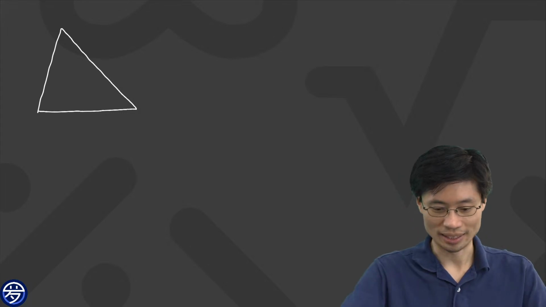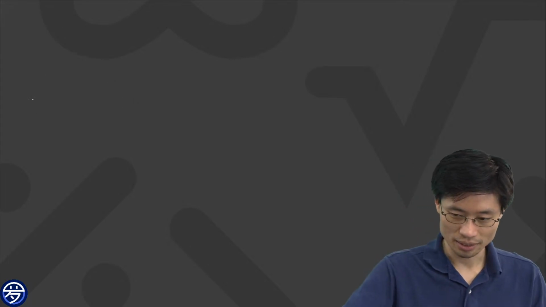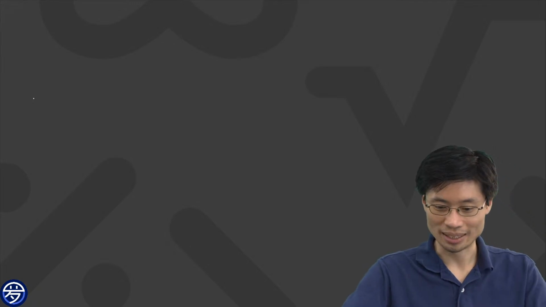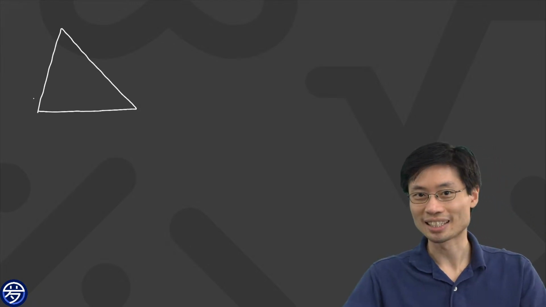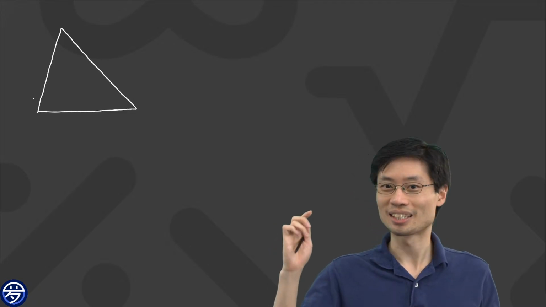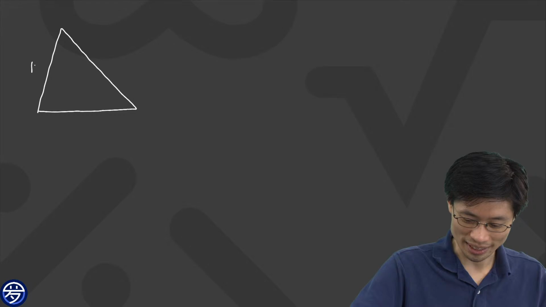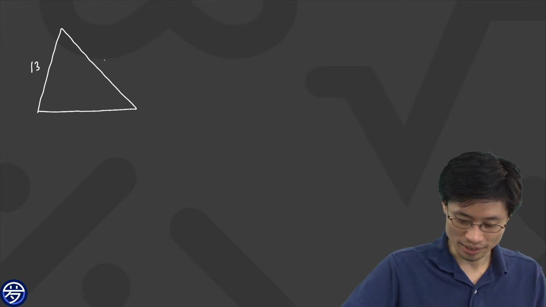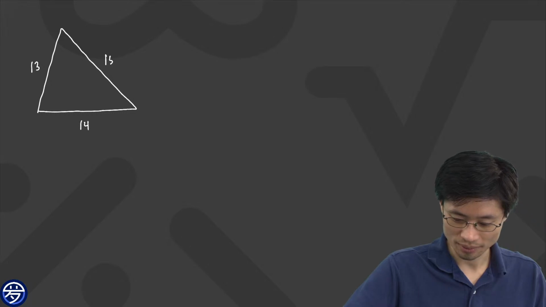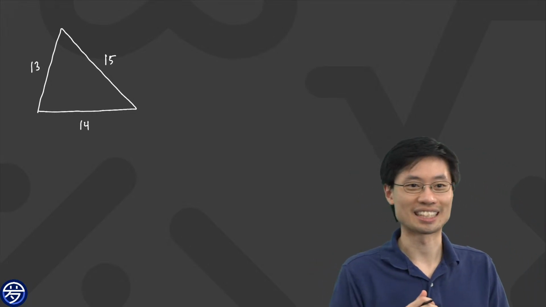That didn't look quite right either. Take that back. Oh, that was actually what I wanted. The great thing about drawing on this board is that you can not only undo, you can also redo. So let's do the 13, 14, 15 triangle. That's 13, this is the 14, and this is the 15. Let's pretend that was kind of drawn to scale, okay?